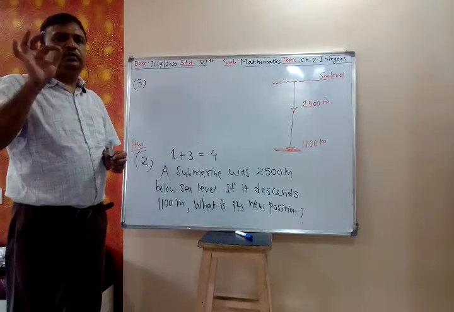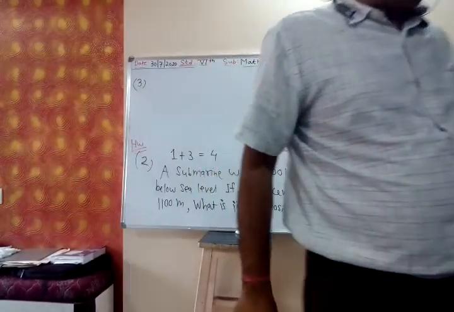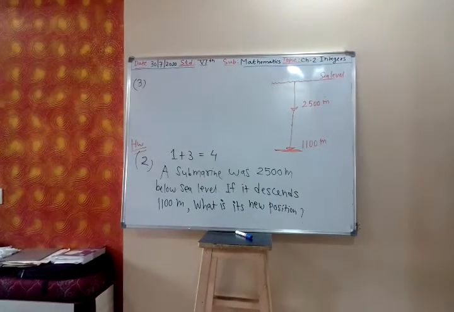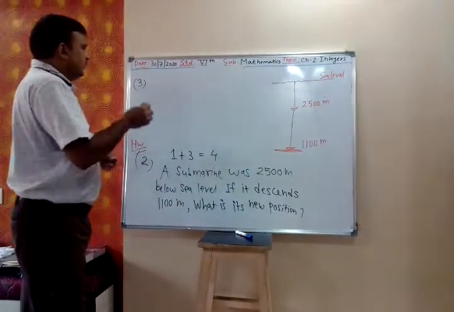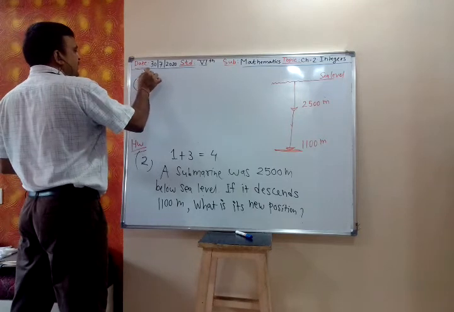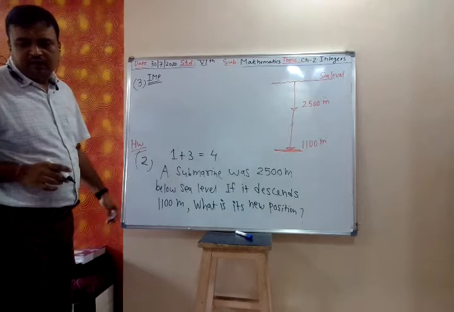Yes, mute the microphone. The board is very much clear. Right, the third one you mark as important, because this type of problem is important. It is very much clear, right?